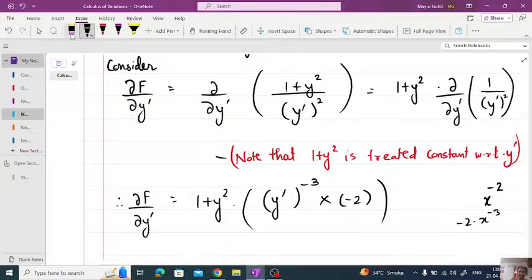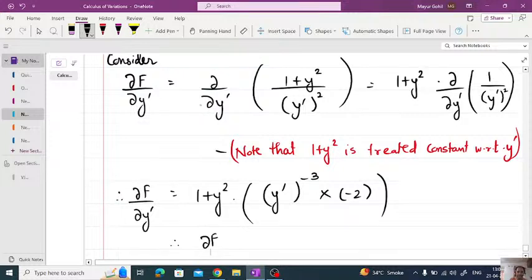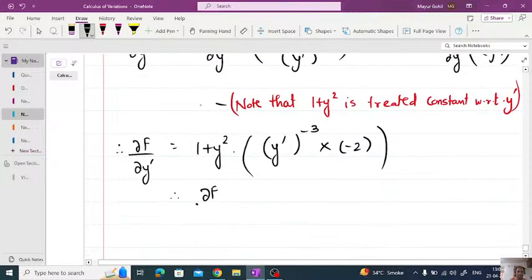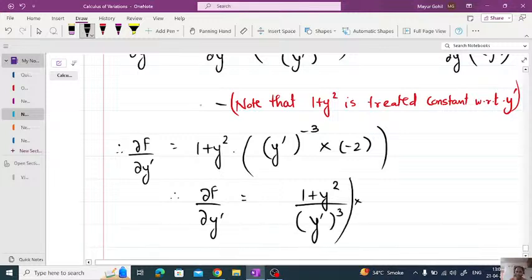So this is the answer. So therefore your dabba f by dabba y dash is 1 plus y square divided by y dash cube, the whole thing multiplied by minus 2. Have you followed this?